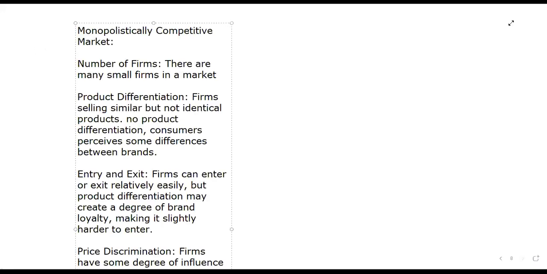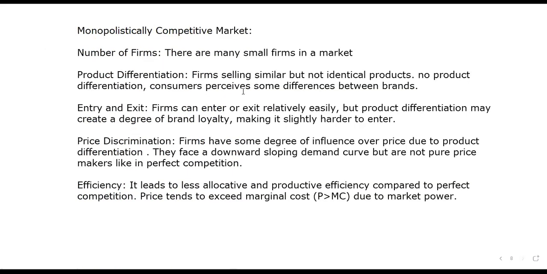All right. Then I also mentioned that when we go to a monopolist, what happens? We have the following characteristics. Number one, for a monopolist, there are many small firms.